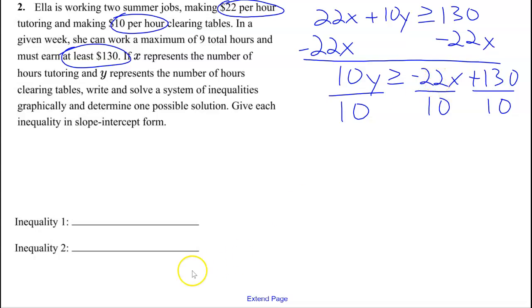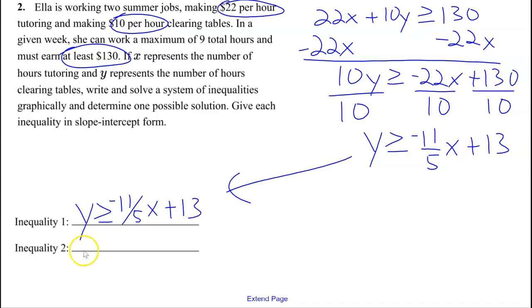We want to reduce it and simplify it as a fraction. So you're going to get negative 11 over 5. 2 goes into 22 11 times, 2 goes into 10 5 times. 130 divided by 10 is 13. So now we have our inequality. Y is greater than or equal to negative 11 over 5x plus 13.